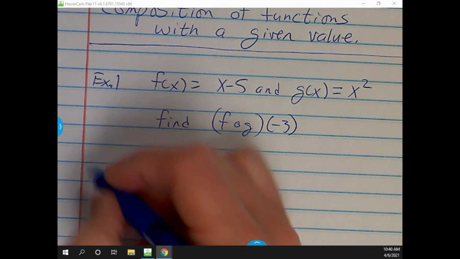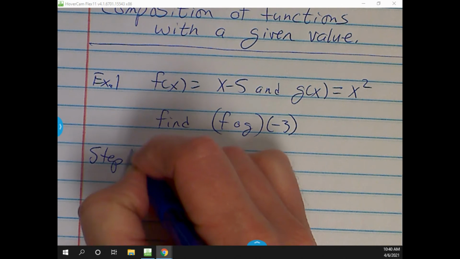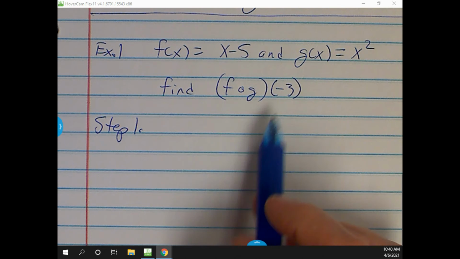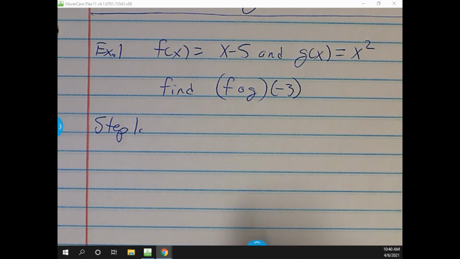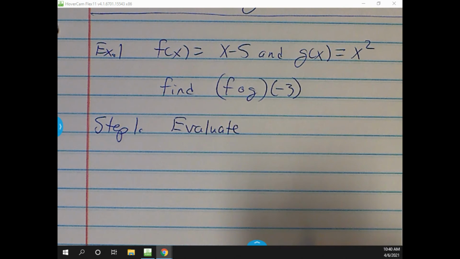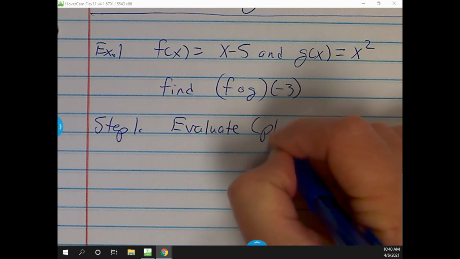And there's basically 2 steps on this thing that you're going to do. So step 1 is you're going to evaluate the value into the function it's closest to. And remember, evaluate just means you plug in and solve.